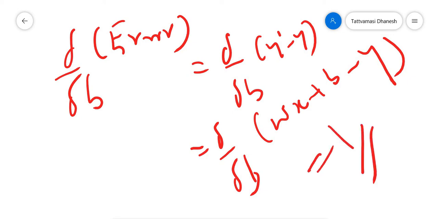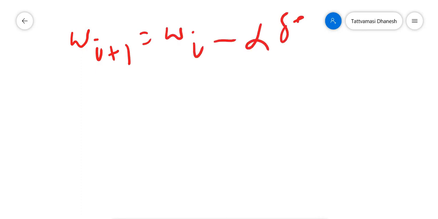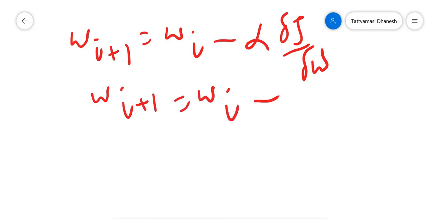So your equation will be modified. The first equation is m of i plus 1 is equal to mi minus alpha into ∂J/∂w. You got it from gradient descent. We have taken the weight as w, so we can write it as w of i plus 1 is equal to wi minus alpha into ∂J/∂w.